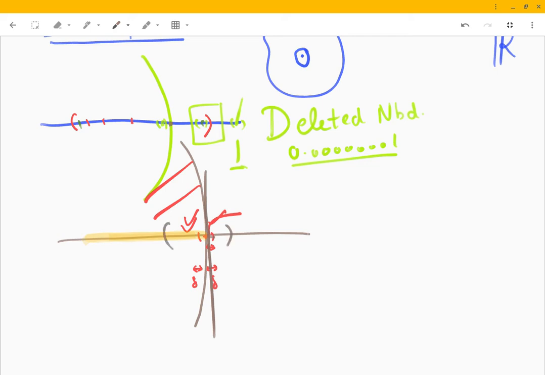So if I take a delta neighborhood, no matter how small I squeeze it in, the points on this side will always be outside this set. So this extreme point is not an interior point, right?